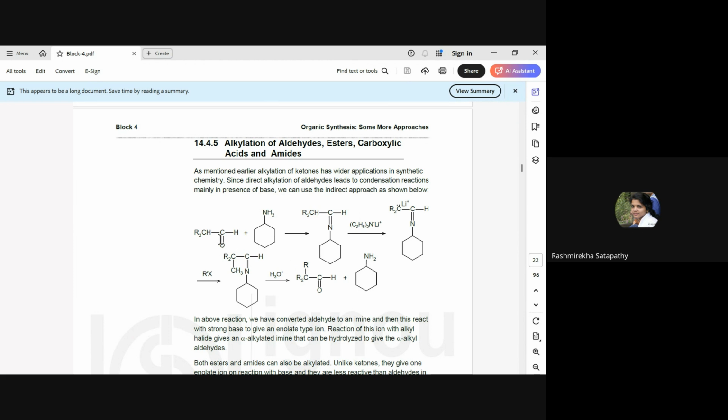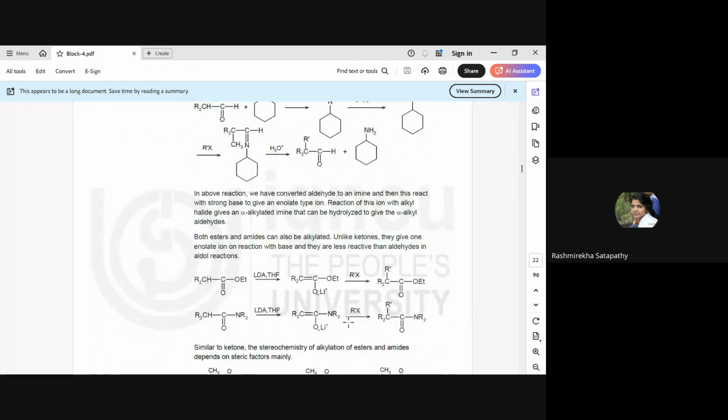Here, this group is attached to the N double bond C, H, R2CH, then lithium diethylamide. The lithium group is attached here, it takes this proton, then with RX the methyl group is attached here, then upon hydrolysis you will get NH2 and CH with this aldehyde group.